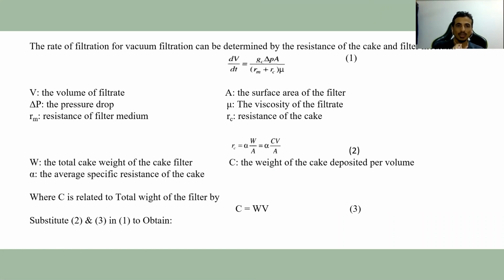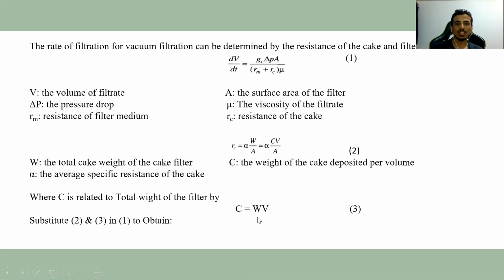Where the resistance of the cake equals alpha, which is the average specific resistance of the cake, multiplied by the total cake weight divided by the area of the filter. The weight of the cake can also be related to the total cake weight by the following equation, equation 3.